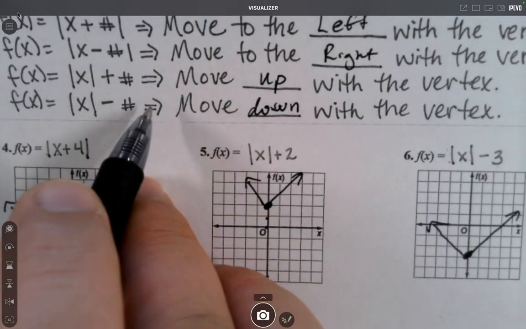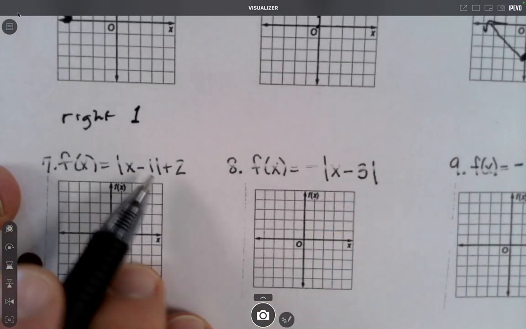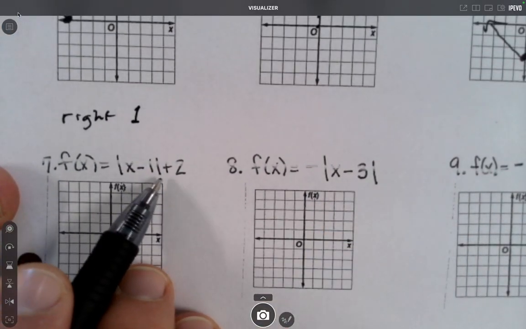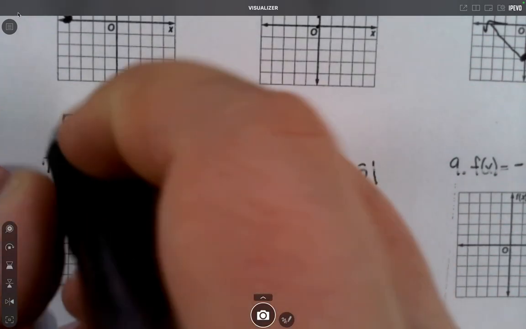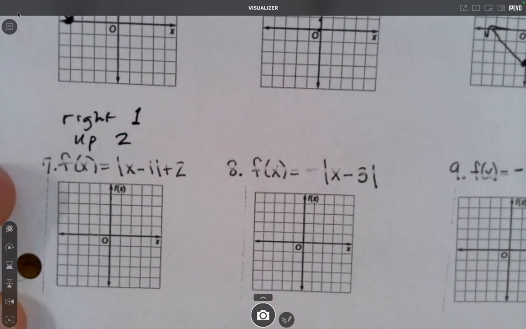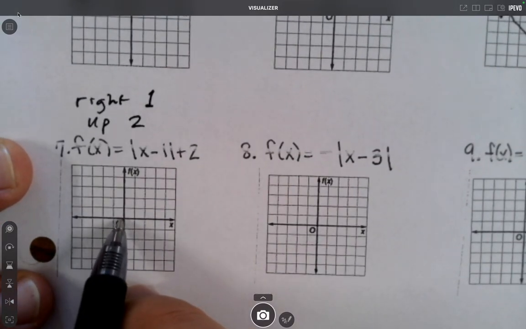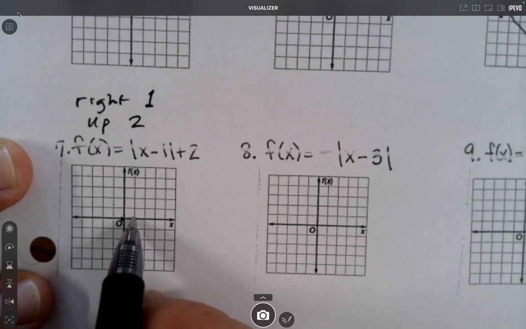So when we're adding outside the absolute value, we move up. So this tells us to move to the right 1, and this tells us to move up 2. And truthfully, it doesn't matter which order you do that in, you'll get the same result. So we start at the origin, and I move right 1 and up 2.